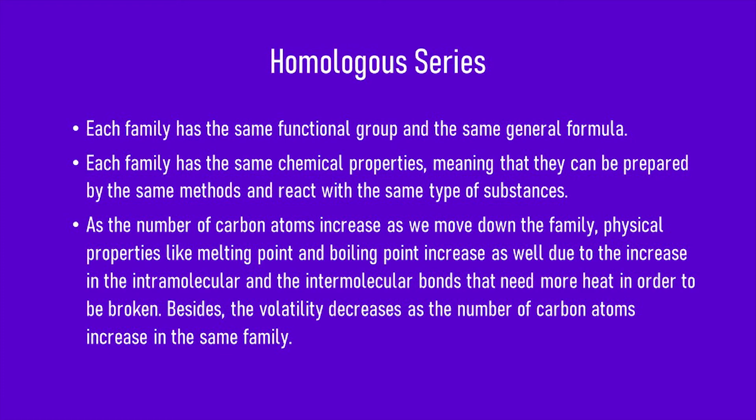In each family, as the number of carbon atoms increases, the melting point increases and the boiling point increases. However, the volatility decreases. A volatile substance is a substance that evaporates easily. So when the volatility decreases, it gets harder to evaporate.